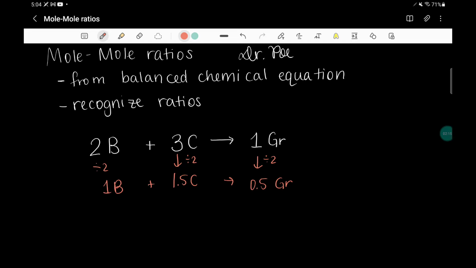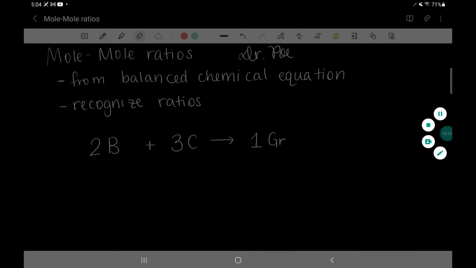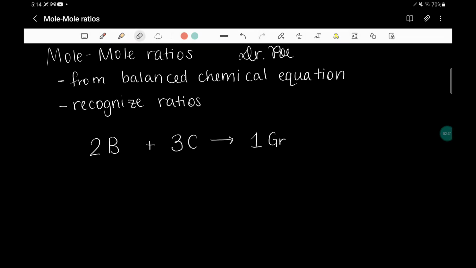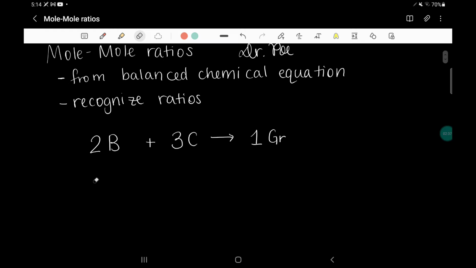All right, so I hope that you can see that that's the idea behind these mole-mole ratios, is really we're just taking our recipe and we're changing it by a certain amount, and when you change one component of this recipe, you change everything.